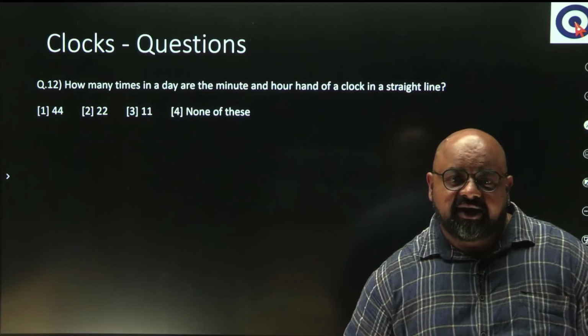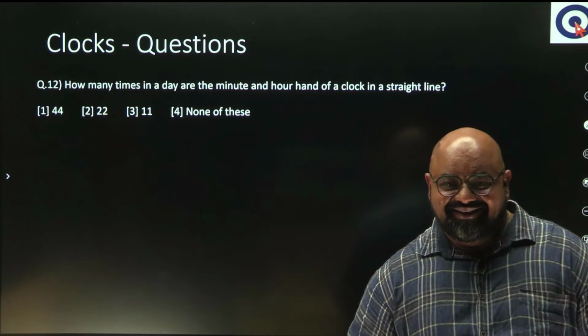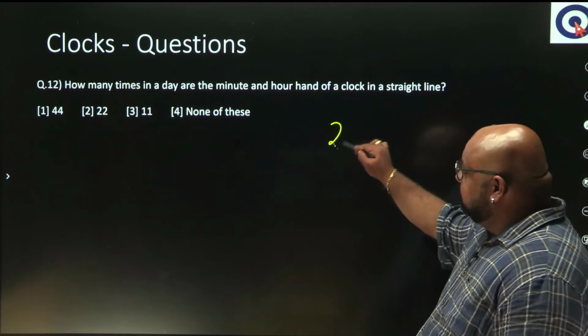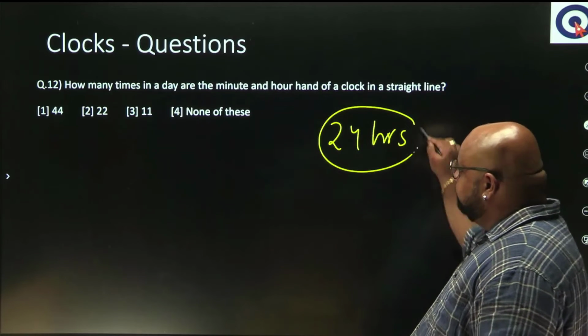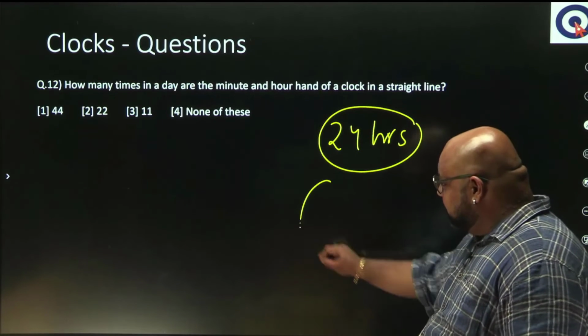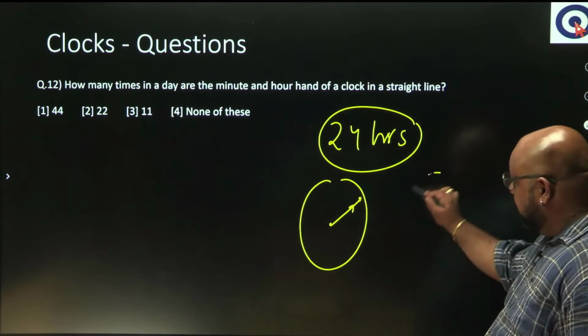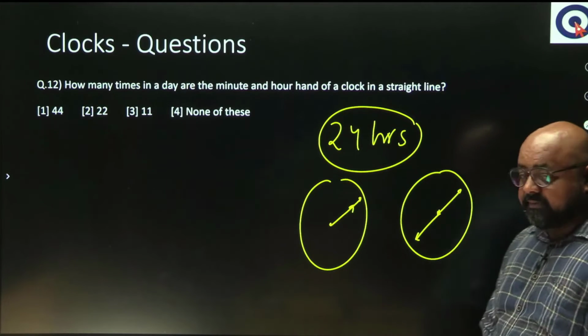How many times in a day are the minute and hour hand of a clock in a straight line? So a day means 24 hours. And straight line means they could be overlapping one above the other, or they could be in opposite directions.